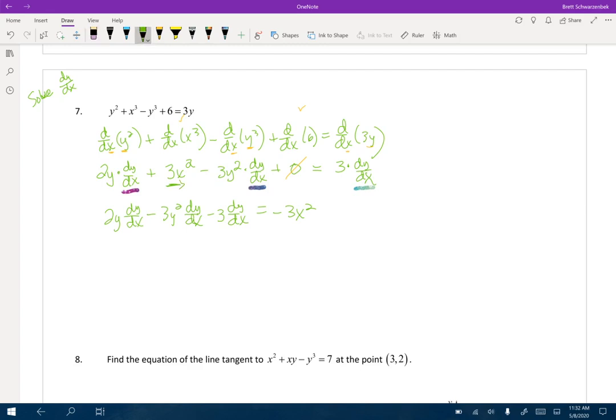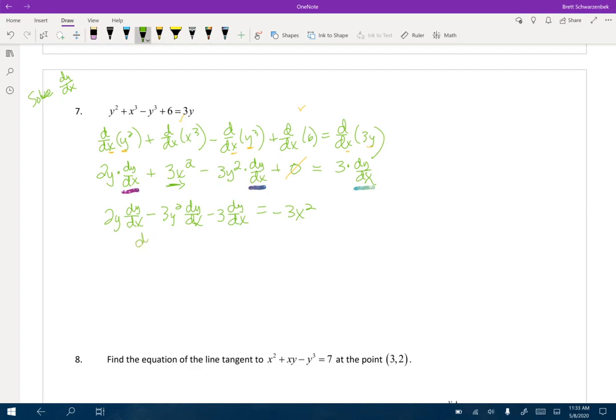Okay. So, the question is how can we take the 3 dy dx's and converge them into 1 dy dx? This is not always easy, again, for students to see, but I usually get 1 or 2 people that will say factor, and that's exactly what you need to do.